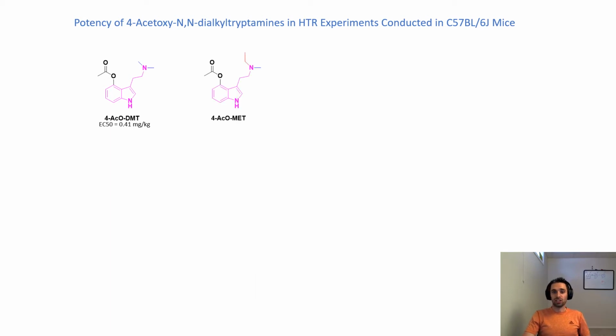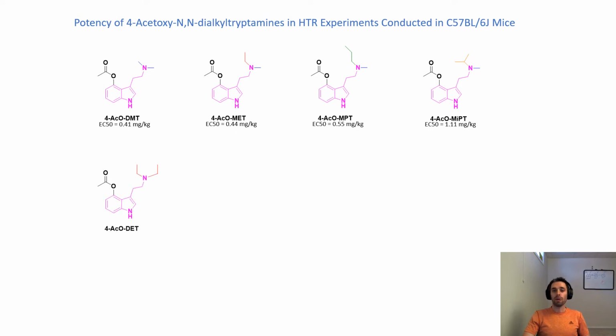If we change the methyl to an ethyl, the potency decreases, same as before. If we change the methyl to a propyl, the potency decreases, same as before. If we change the propyl to an isopropyl, the potency also decreases, same as before.